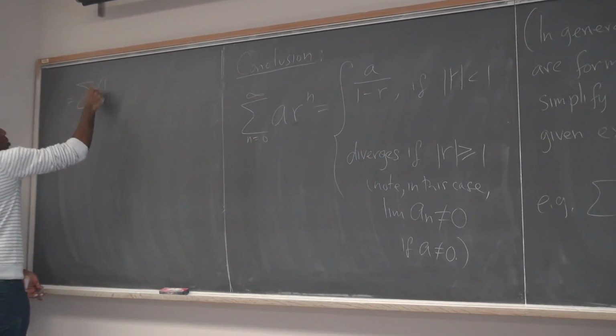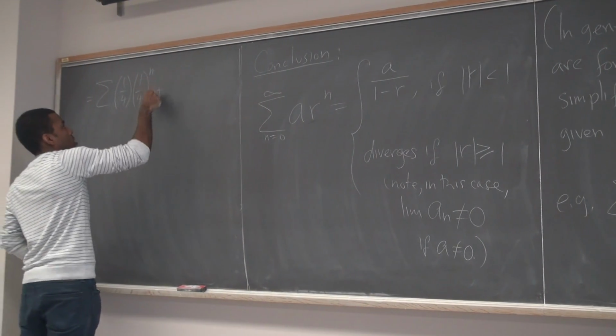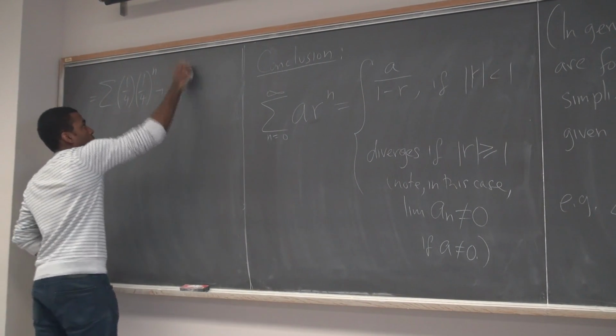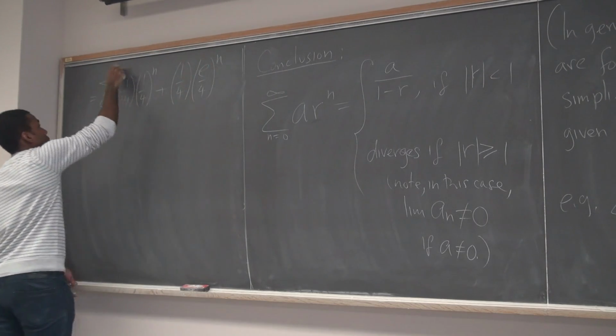Let me just rewrite this: 1/4 times 1 over 4 to the n, plus 1/4 times e over 4 to the n.